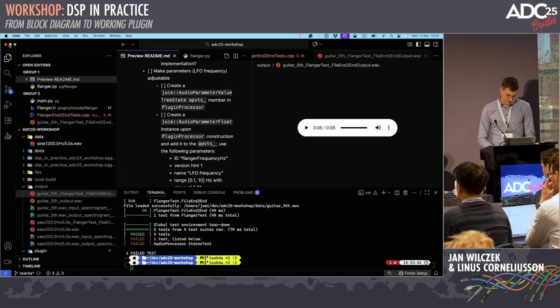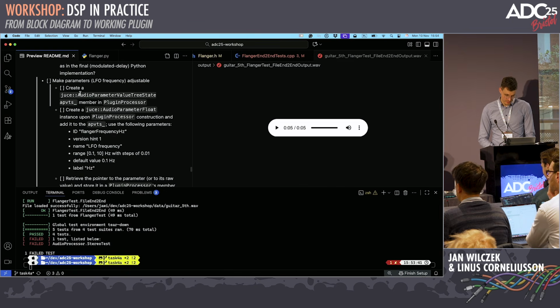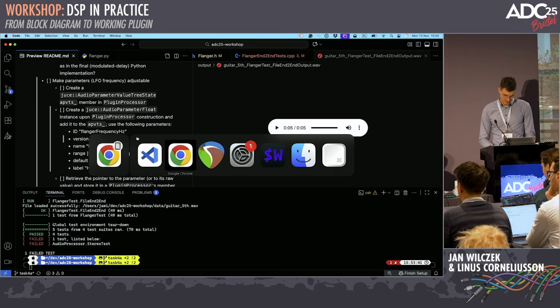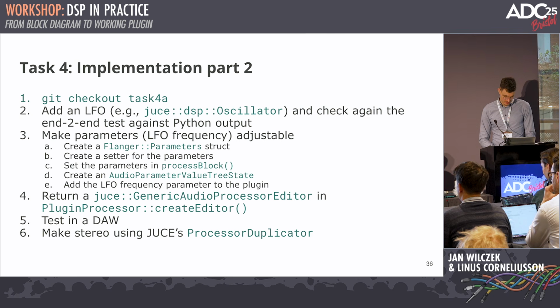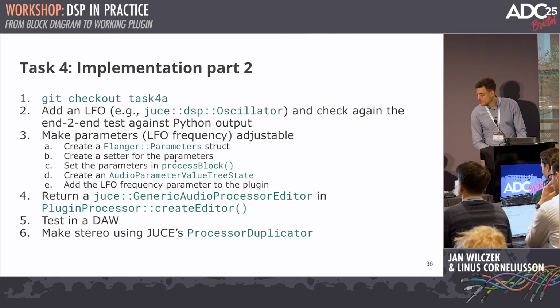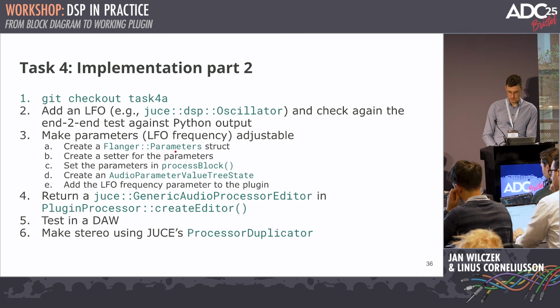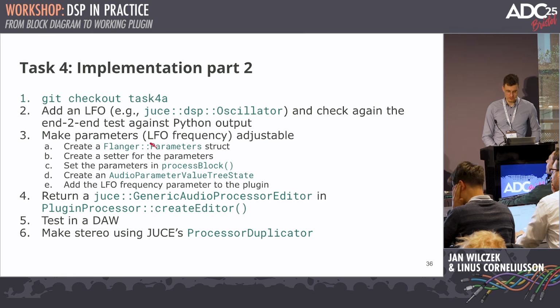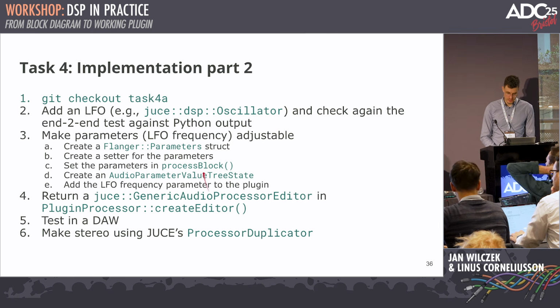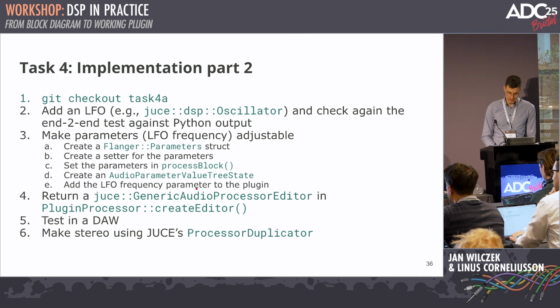In the README file, you have instructions on how to make the LFO frequency adjustable. And I think that's also on the slide. So how we did this, I remember we just created a parameter struct, which is an internal struct to the flanger, with all the parameters. For now, it would have just a single LFO frequency parameter.